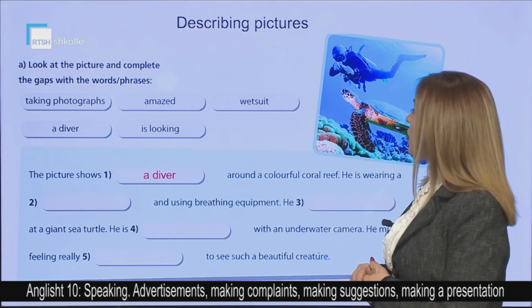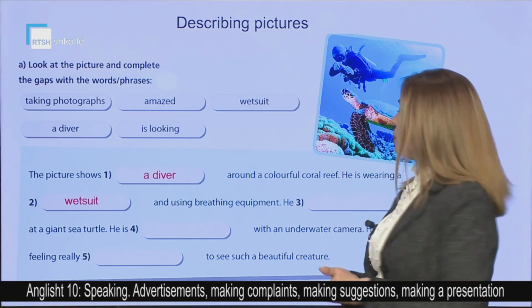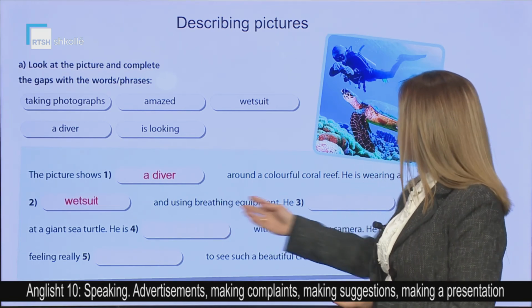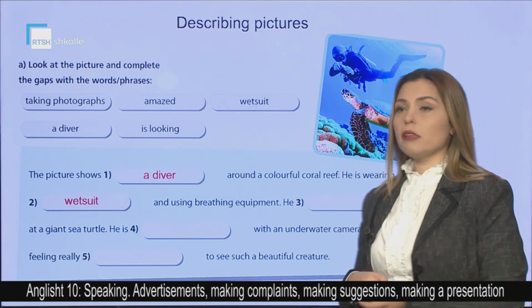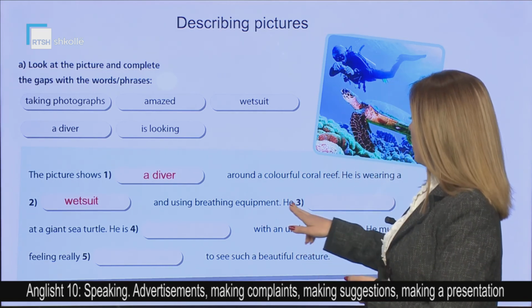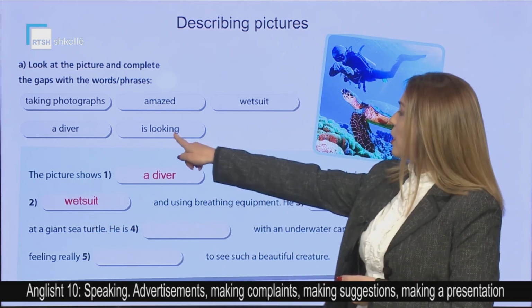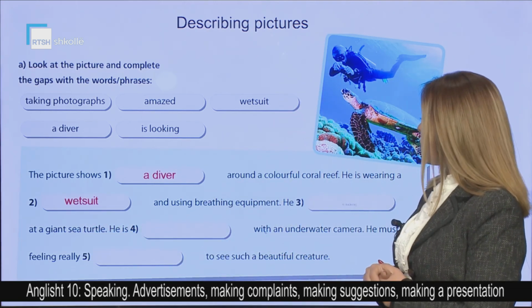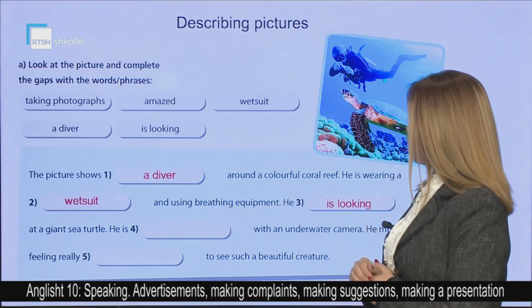He is wearing a wetsuit, of course, since he is a diver. And he is using breathing equipment in order for him to breathe in and out. He is looking at a giant sea turtle. What is he doing? He is looking at a giant sea turtle.